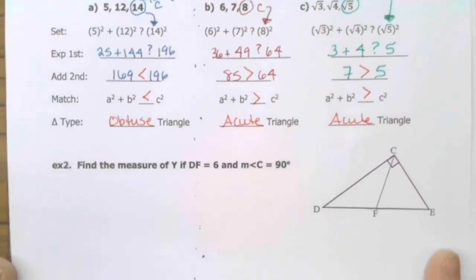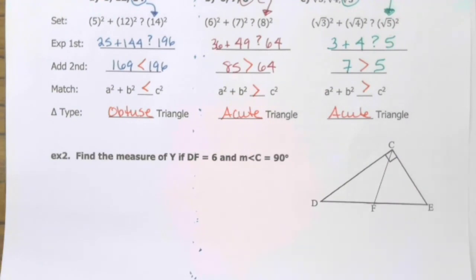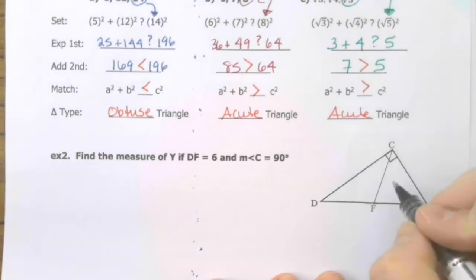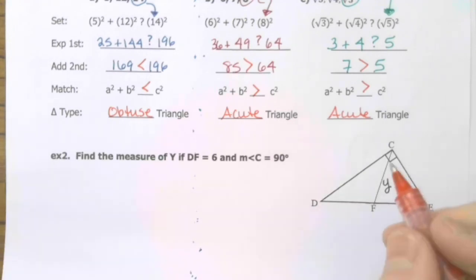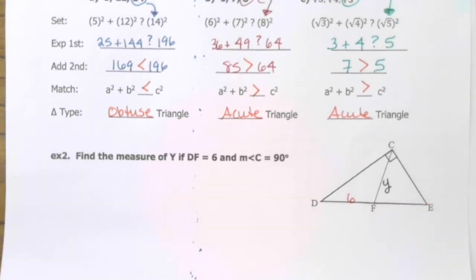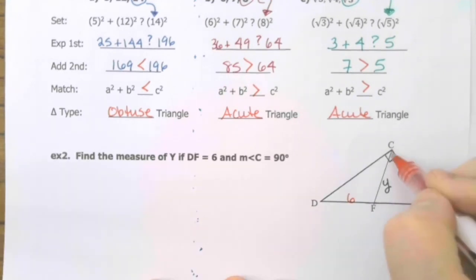Okay, example 2 and the last one on the notes today. Let's find the measure of y, and we need to label that. Y is this one right here. Find the measure of y if DF is 6, let's label that, and the measure of angle C is 90.